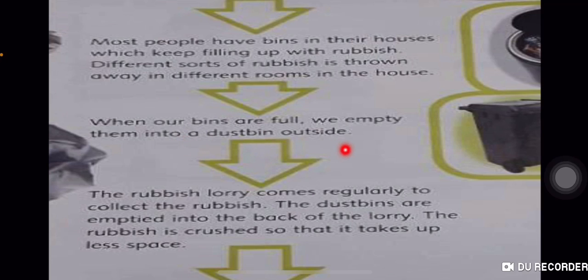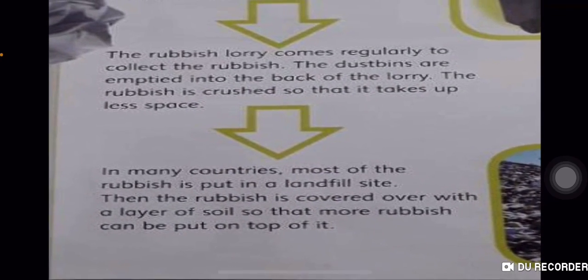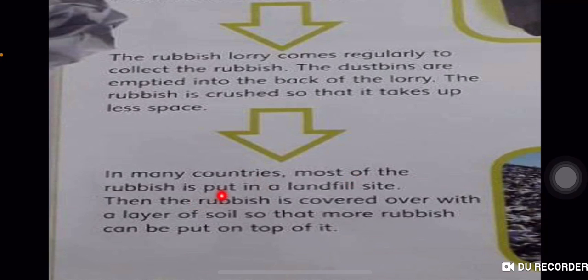Where does our rubbish go? Most people have bins in their houses, which keep filling up with rubbish. Different sorts of rubbish are thrown away in different rooms in the house. When our bins are full, we empty them into a dustbin outside. The rubbish lorry comes regularly to collect the rubbish.